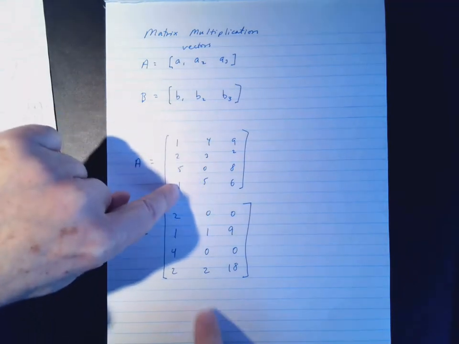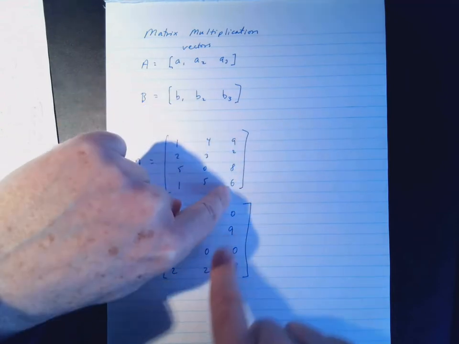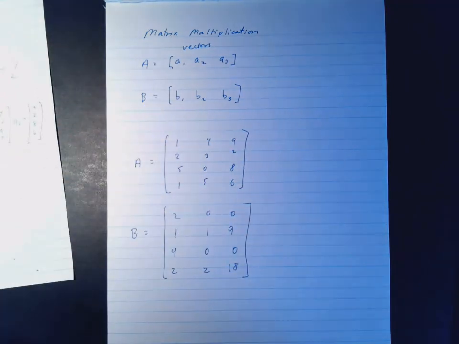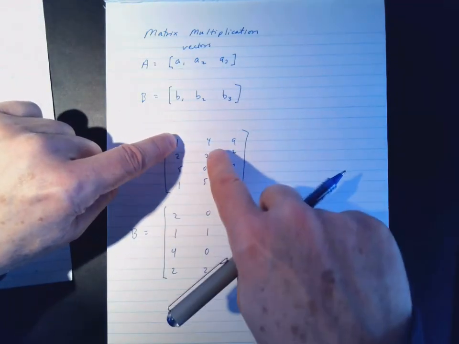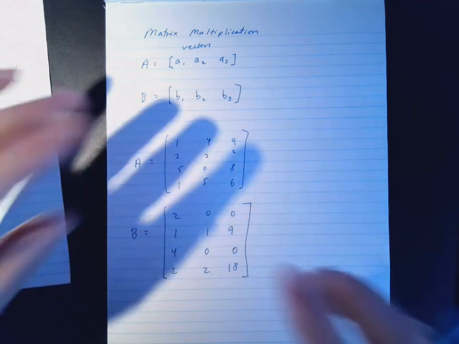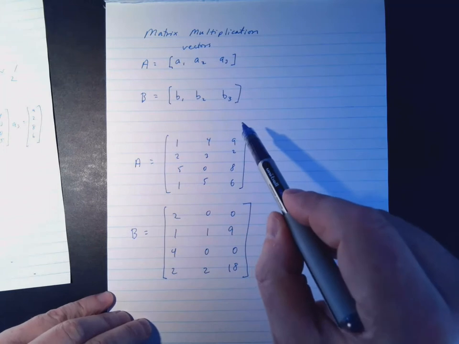So this vector dot product with this vector, this vector with this vector, and this vector with this vector. And then we can also combine this vector, and this vector, and this vector. So that's what we mean by multiplying matrices together, that we're going to form all the cross products.